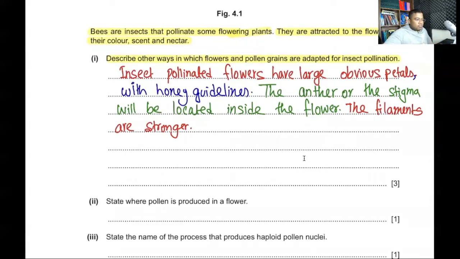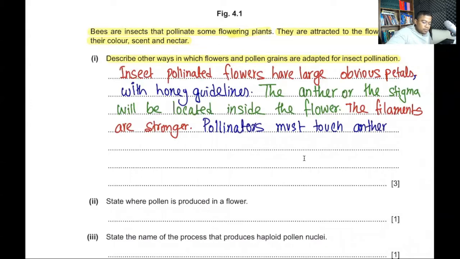Pollinators must touch anthers to reach nectar.